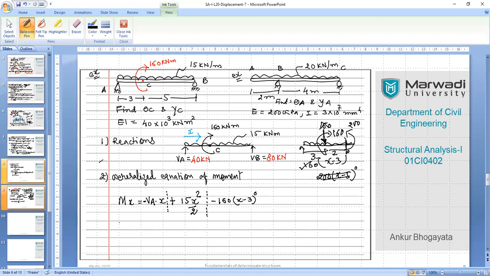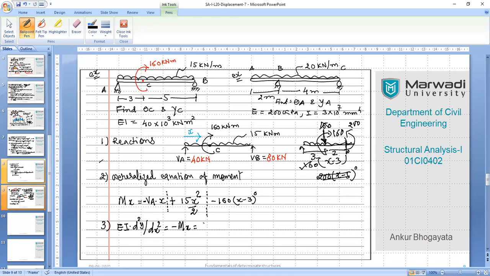We have to start developing the integration of this equation, and we'll put it into the form of our generalized expression, EI d square y upon dx square equals minus Mx.